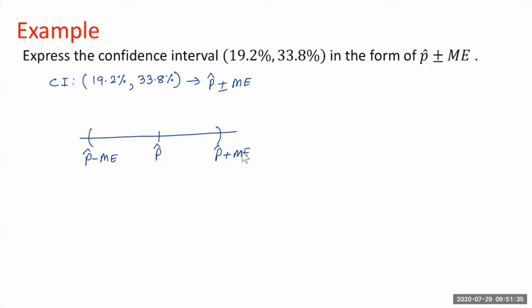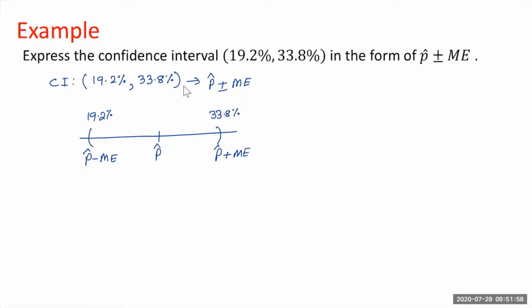So by doing this, you know that on this end, you have the left end of the interval, which is 19.2. So this value, p hat minus margin of error, is 19.2%. And on the other end, this value is 33.8%.